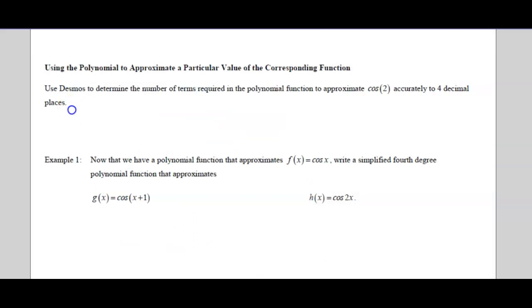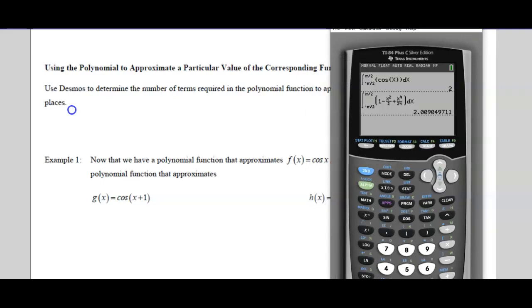Now, if we want to approximate a particular value of the corresponding function, let's find the value of cos of 2. This helps us determine how many terms we would need to get the exact value, or close to it. We can't get an exact value of cos of 2.